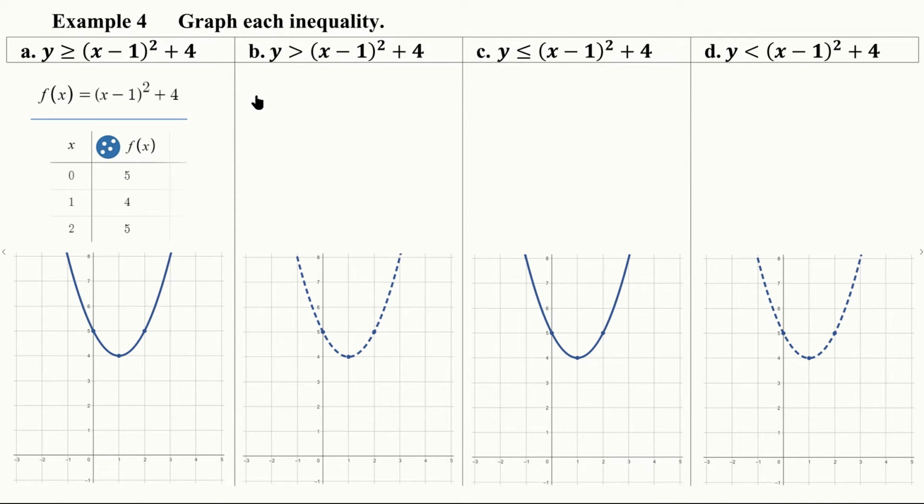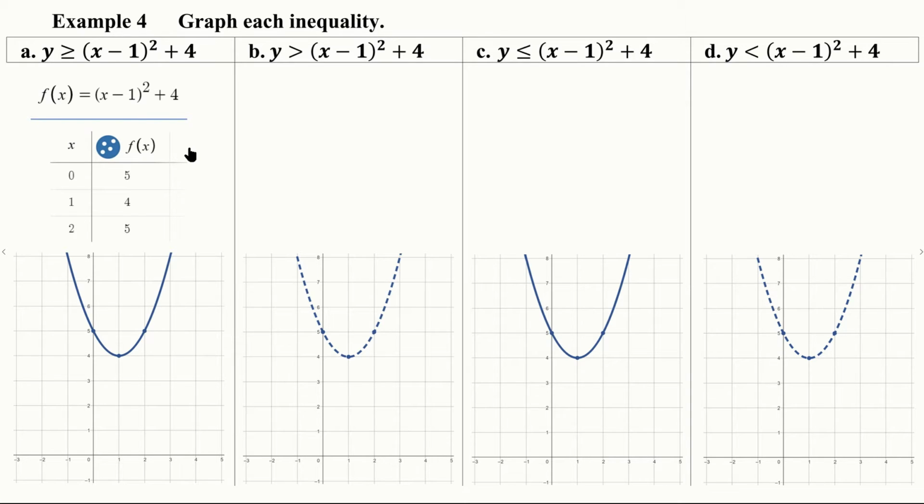All right, here's one involving parabolas. As long as you're dealing with functions, it's possible to just get y on one side and then everything else on the other side, right? So we know how to graph a parabola like this very easily, right? You just know that in this case, the vertex is going to be 1, 4, right?